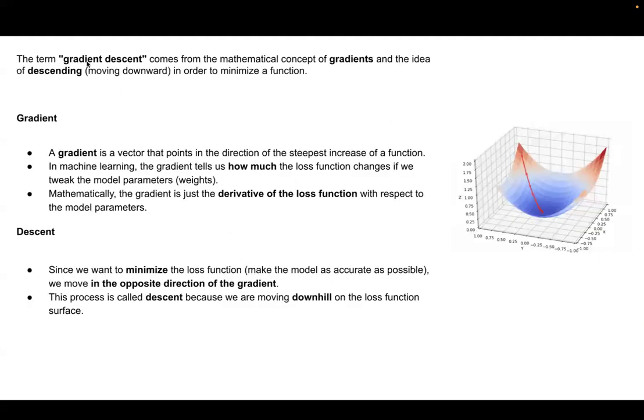So, where does the term gradient descent come from? It comes from two words, right? Gradient and descent. Descent automatically means going down, like reducing. Now, gradient is nothing but a vector; it points in a direction.